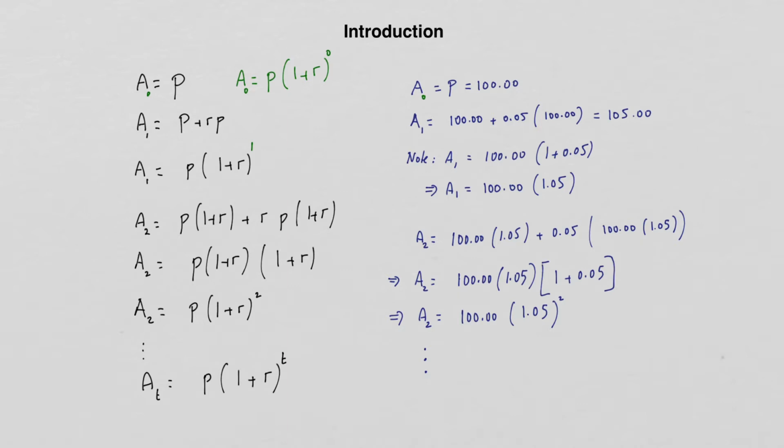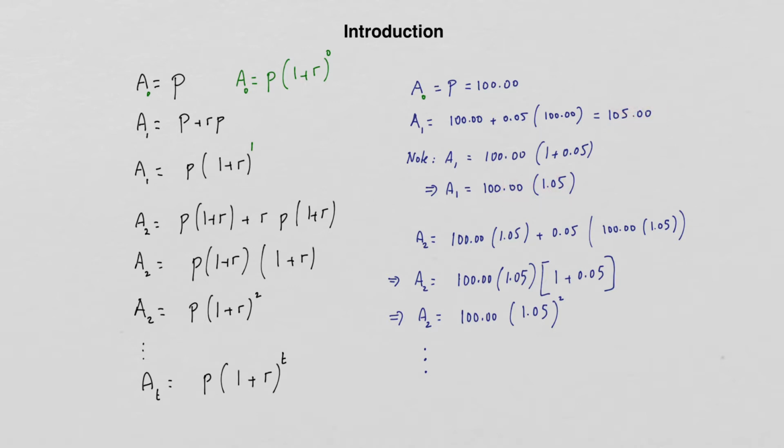Okay? So this A1, which is the accumulated amount after 1 year, is 100 times 1.05. I'm going to focus on this instead of this, okay? This is exactly this, but I'm going to focus on this.